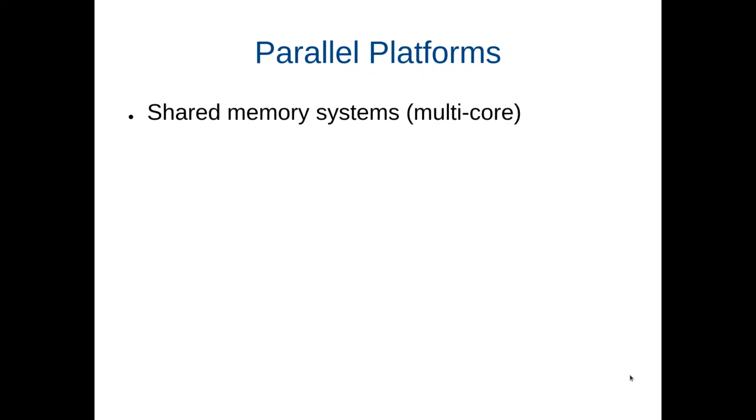Most of you would know that there are multiple cores in actually all the machines that we use today. For example, our laptops are these days quad core or octa core and so on. In fact, some of your mobile phones might have multiple cores in them.